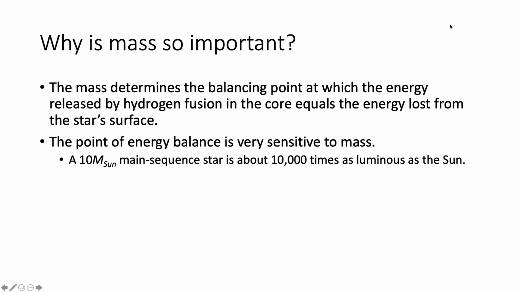The power output of these stars that are 10 times more massive would be 10,000 times the power output of our sun. It only takes a little bit of a difference in mass for luminous intensity to change by a large amount. This is not a linear relationship between mass and luminosity.